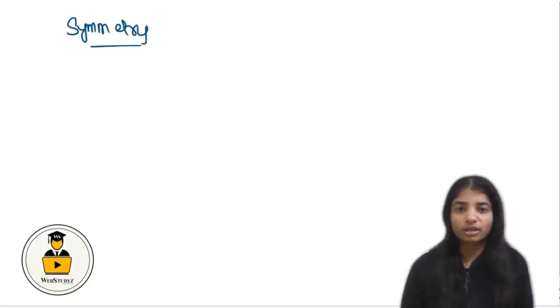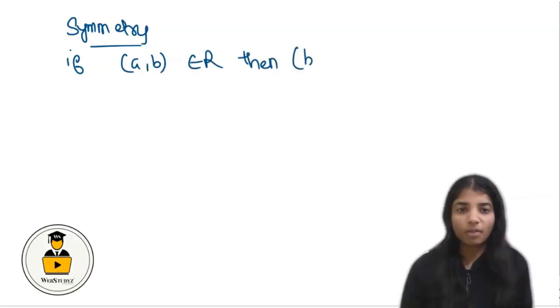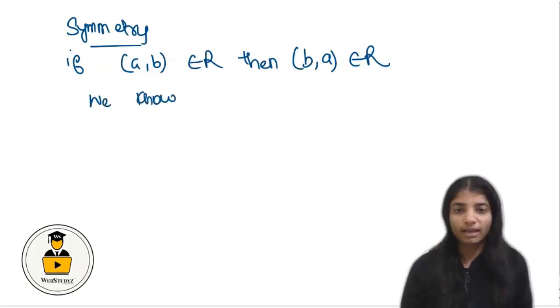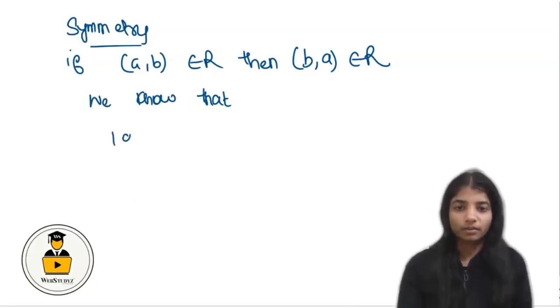Now we are considering the condition of symmetry. The condition for symmetry is that if (a, b) belongs to R, then (b, a) also belongs to R. We know that |a - b| is equal to |b - a|.